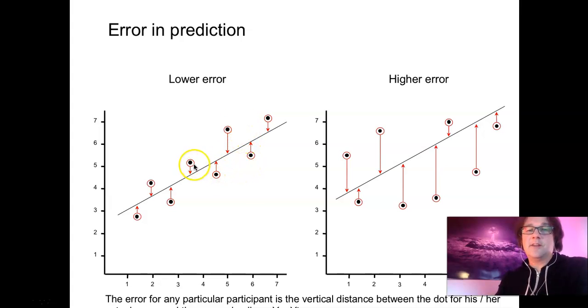So even here, you could see that for this person there's less error. The regression line is doing a better job predicting this person than, say, this person, right? This person's actual score is further away from their predicted score, which would fall right on this line.